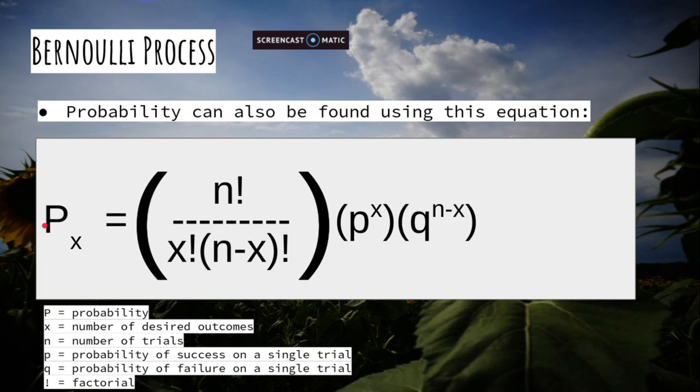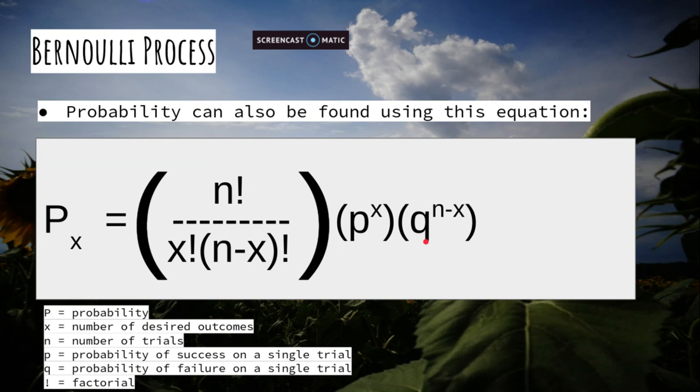So this is the probability equals n factorial divided by x factorial times the difference of n minus x factorial, and all of that is multiplied by p to the x power times q to the n minus x power.